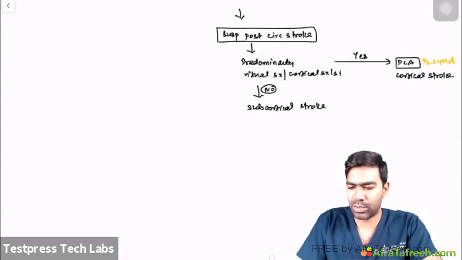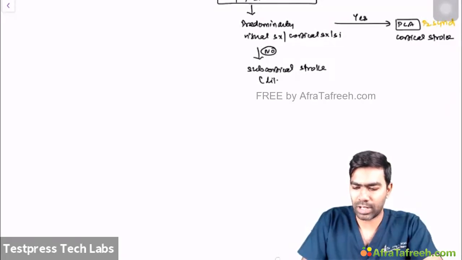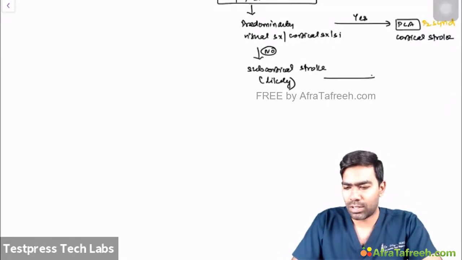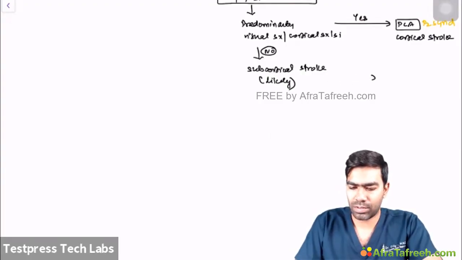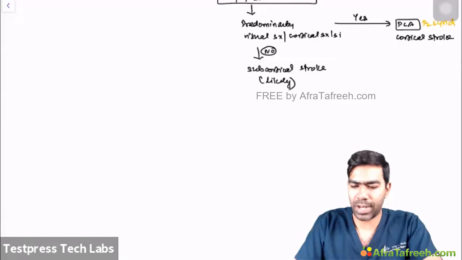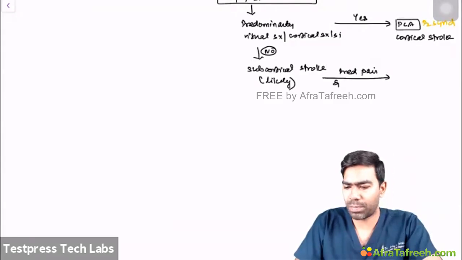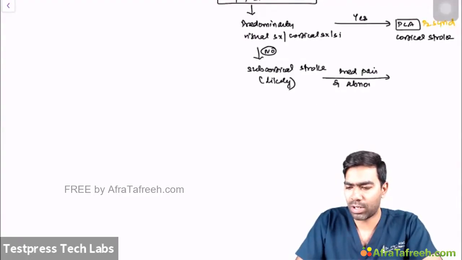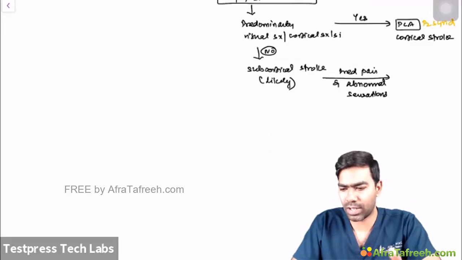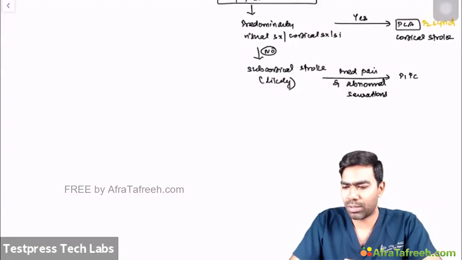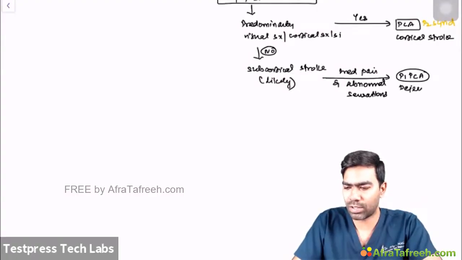Now in this scenario, if the patient is presenting with predominant pain and abnormal sensation, abnormal and unpleasant sensations, not basically sensory loss, we are dealing with a P1 PCA territory infarct producing Dejerine-Roussy syndrome.